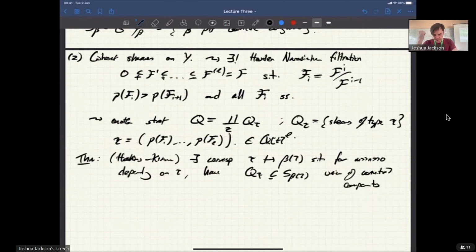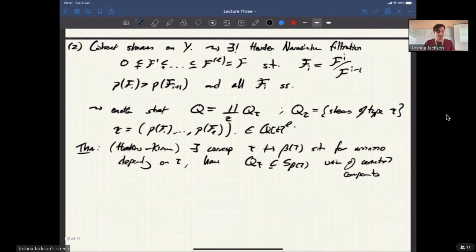And if you want to specialize this to the case of vector bundles on a smooth curve, then the two stratifications will actually coincide. You don't have to worry too much about the union of connected components business.